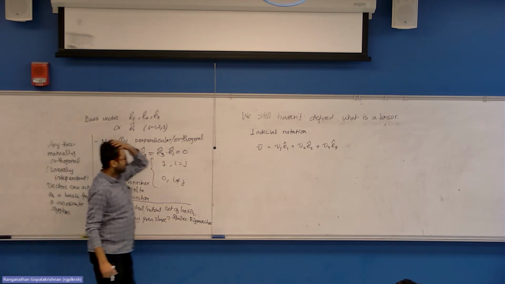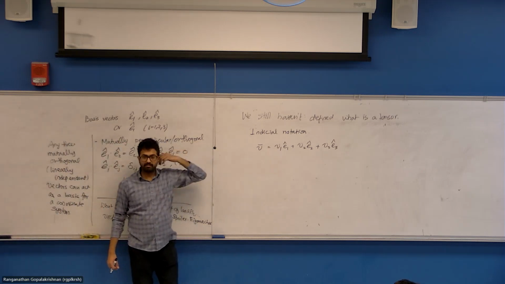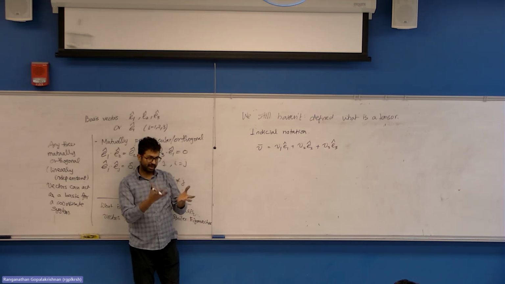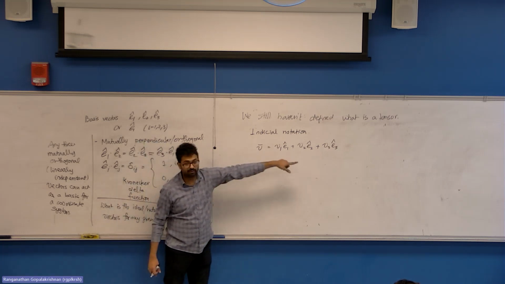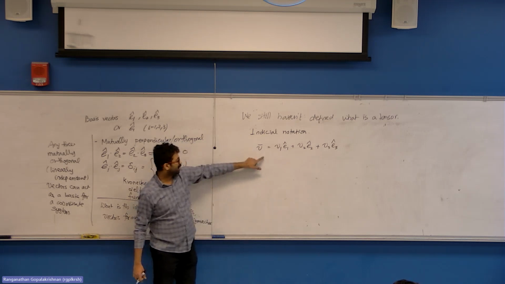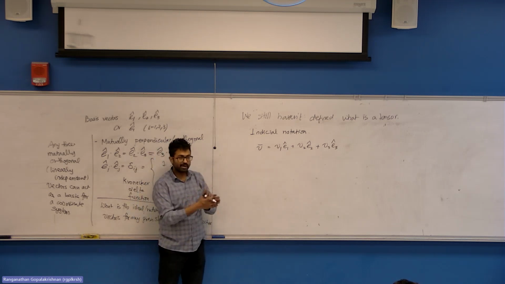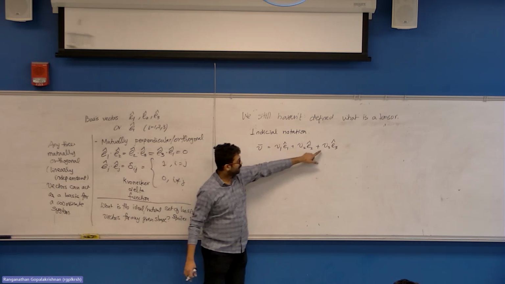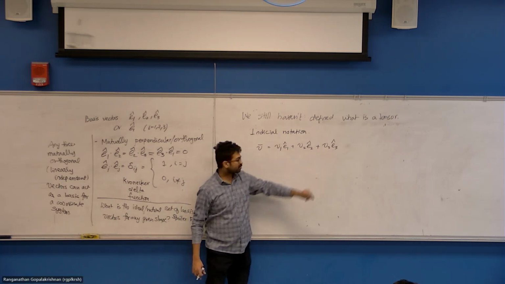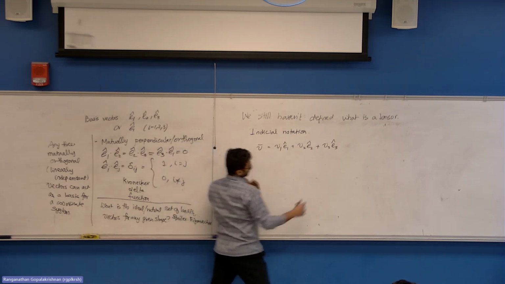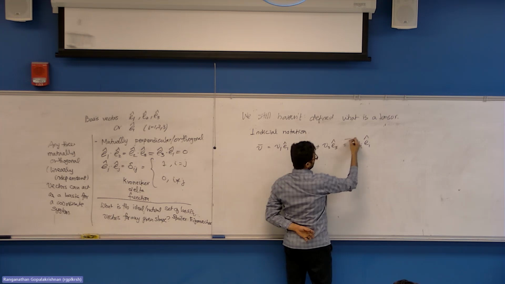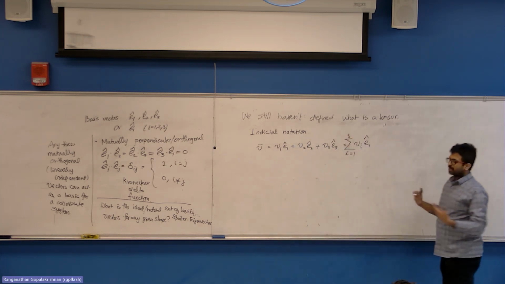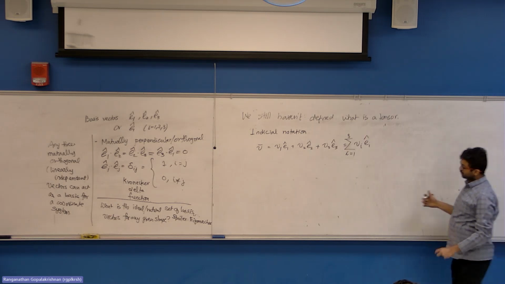It's like saying if e1, e2, e3 are my basis vectors or three principal directions, and the component of its velocity along each direction is v1, v2, v3, the vector is nothing but v1 times that unit vector plus v2 e2 plus v3 times the unit vector. The indicial notation is shorthand to write this as vi ei, and you can write this with a summation i equal to 1 to 3, but this is where the convention comes.